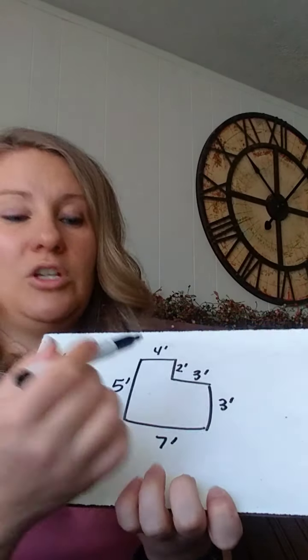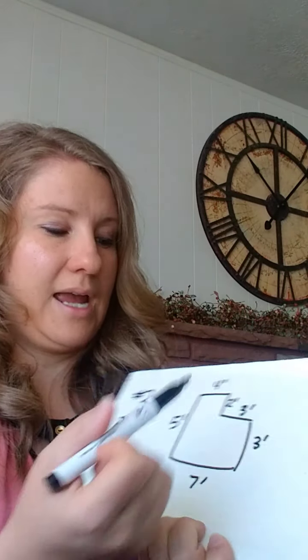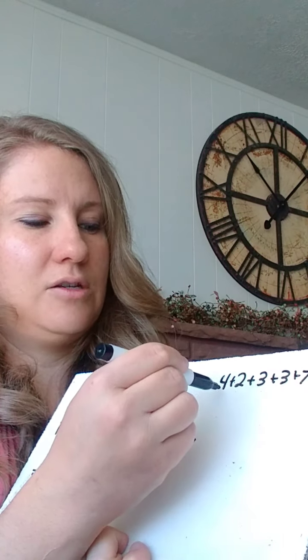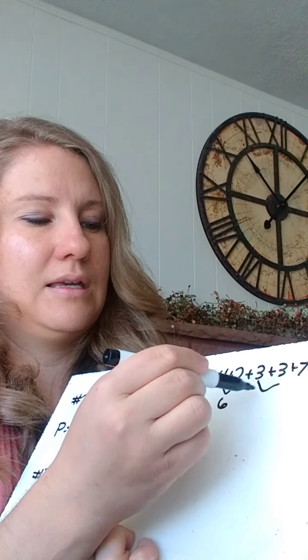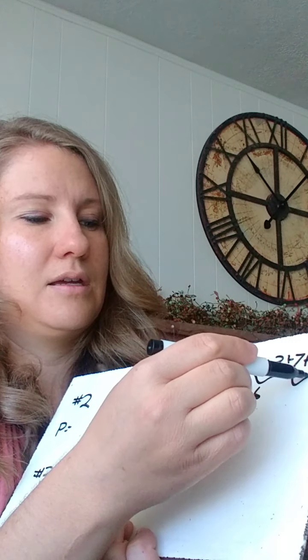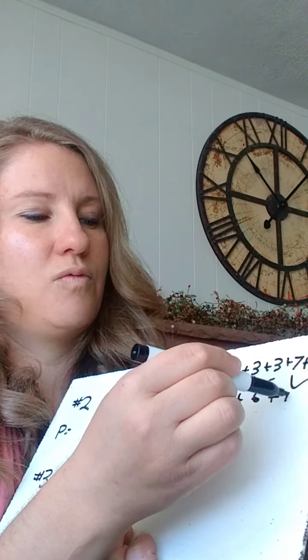So perimeter, we just know that we need to add up all the sides. So you would have 4 plus 2 plus 3 plus 3 plus 7 plus 5 equals, so I like to do it this way, 6 plus 12.